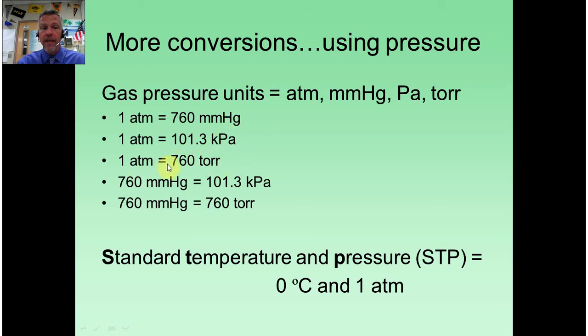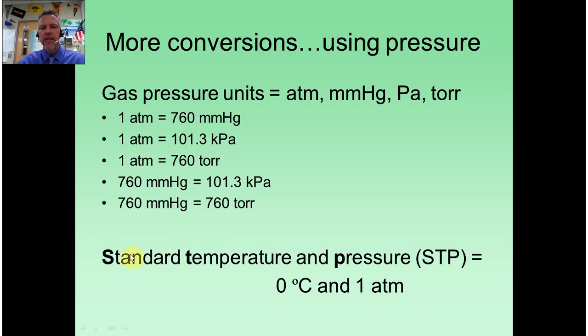So 760 torr is the same as 1 atmosphere, which is the same as 760 millimeters of mercury, which is the same as 101.3 kilopascals. So you can do interconversions between all these different pressure units using these little equations right here. So write those down, and they better end up on your resource card for the exam.